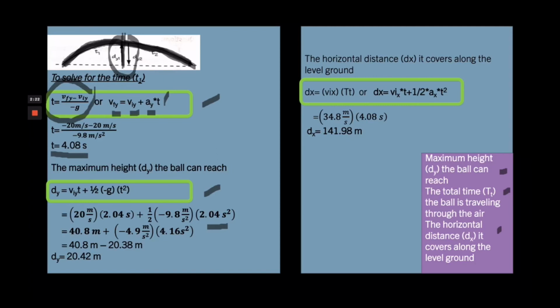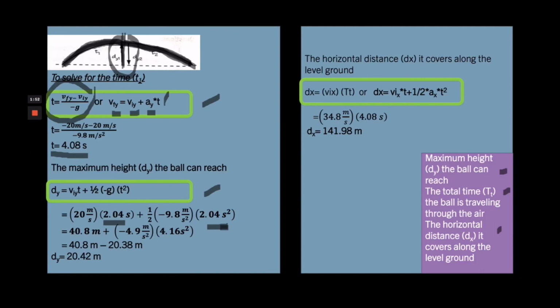So again, let's proceed. That's 2.04 seconds plus 1/2 of the acceleration, which is negative 9.8 meter per second squared. We're very particular with direction for the non-horizontally launched projectile, times 2.04 seconds squared. Again, we are going to use half of the total time in finding the displacement y.